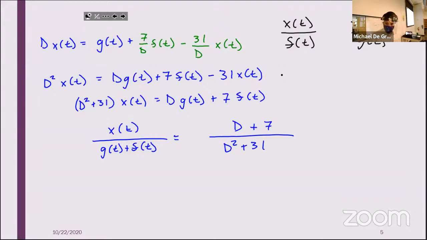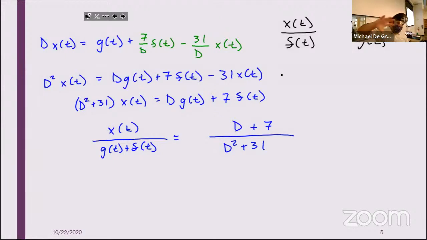When we did our motor, we took TL, the load torque, and the motor torque, and put those together and said that's one input. And certainly we could treat it like this.